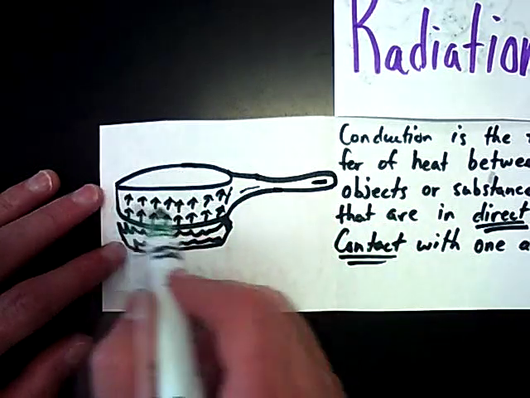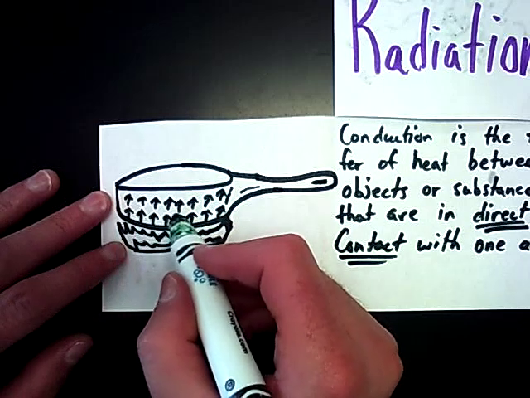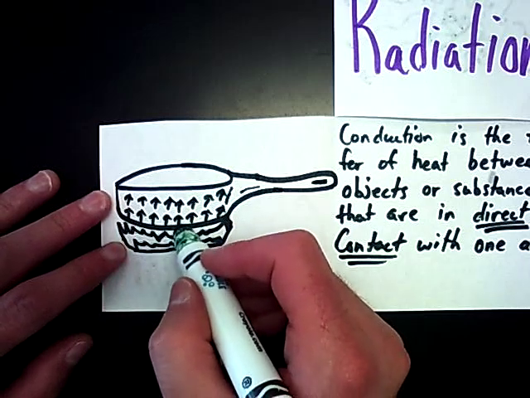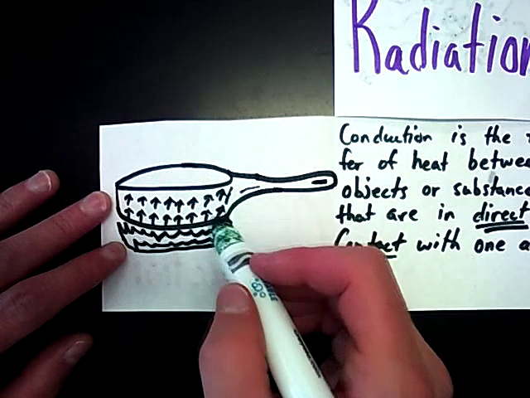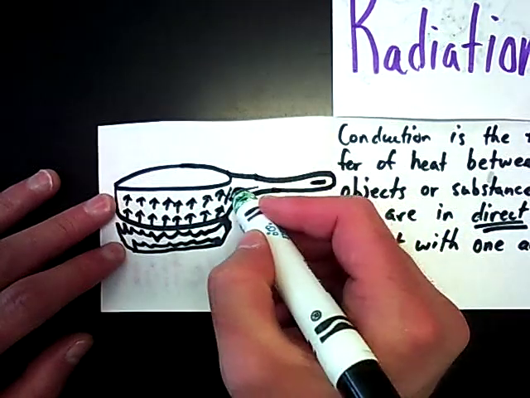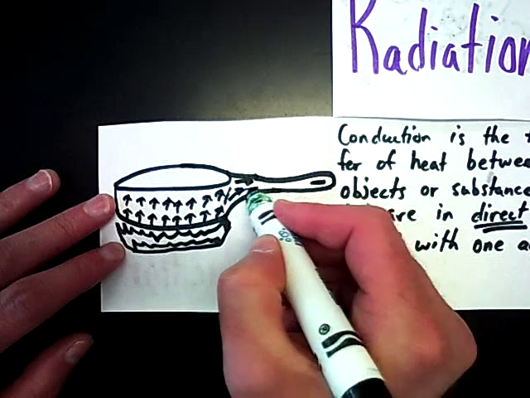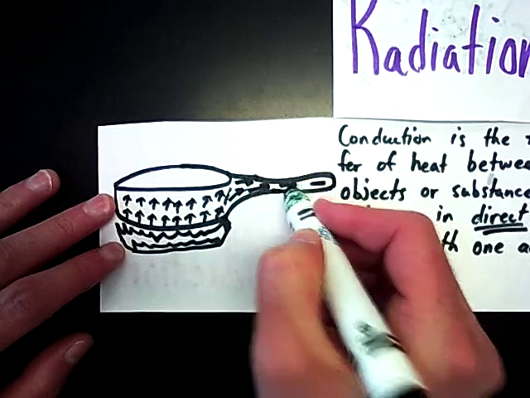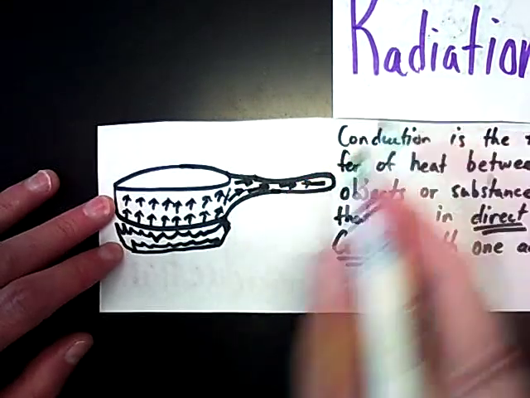Now, eventually, of course, this part's going to get hot right here, but eventually, these arrows that represent the thermal energy making their way through the skillet will even start to head in this direction. Now, this will take longer, but it will happen.